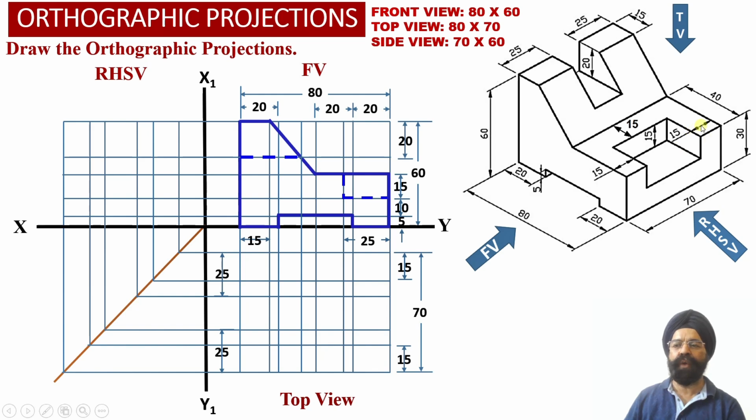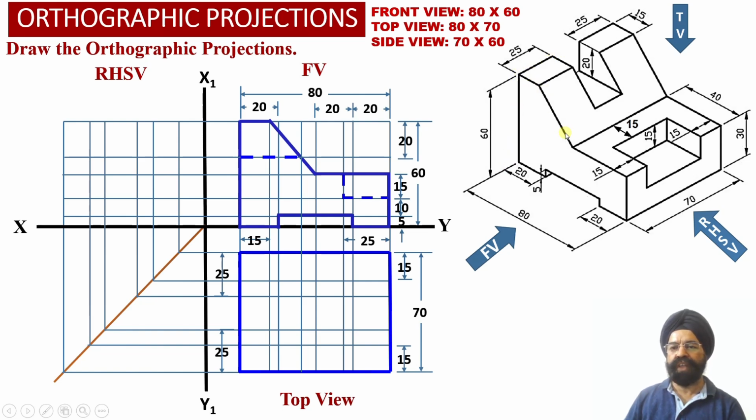Now let us evaluate the different faces of the solid which will be visible to the observer from the top view orientation. As the observer is going to look at the solid from the top, the outer boundary of the solid will be visible to the observer.